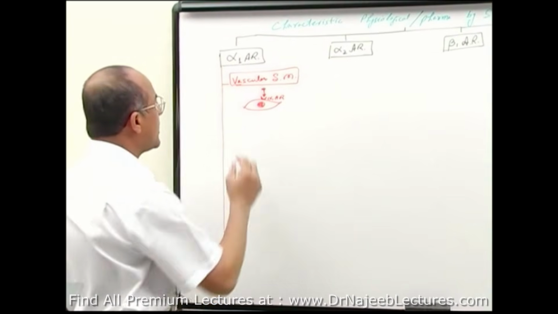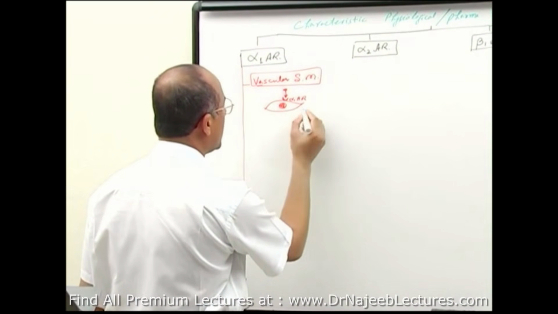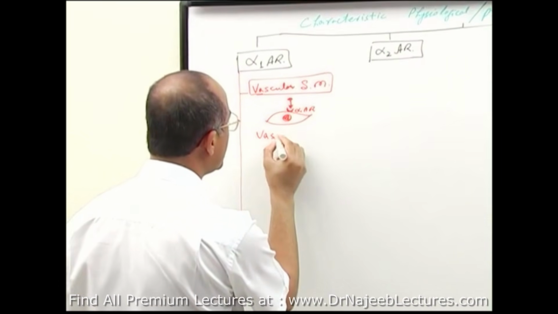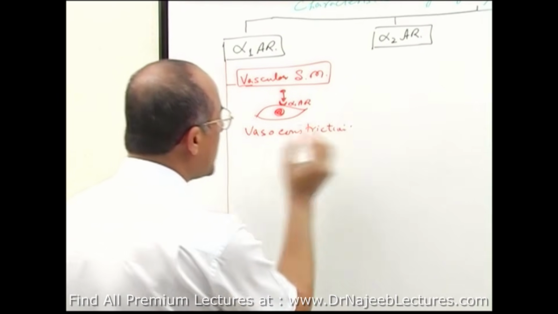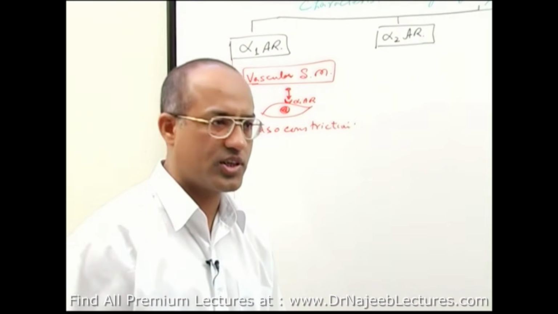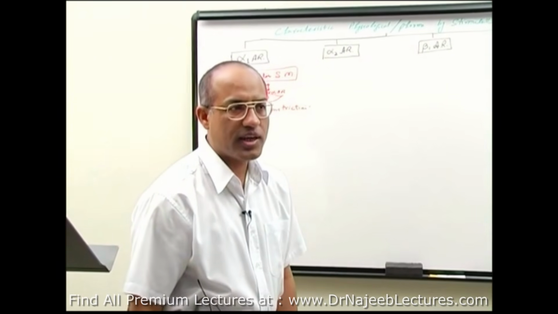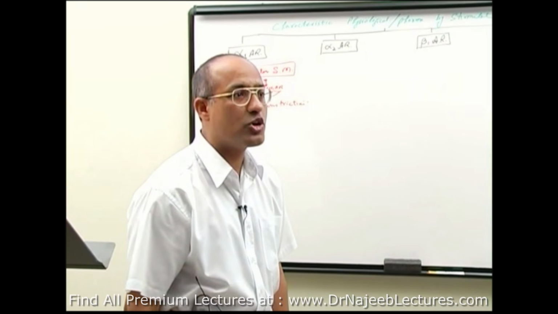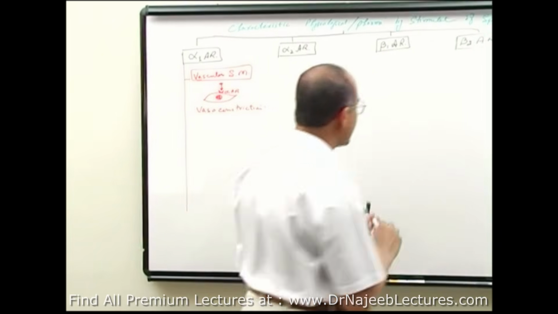So primarily, alpha 1 stimulation on the vascular smooth muscle leads to vasoconstriction. But this alpha 1 mediated vasoconstriction will change the cardiovascular parameters. How? Let's talk about that.